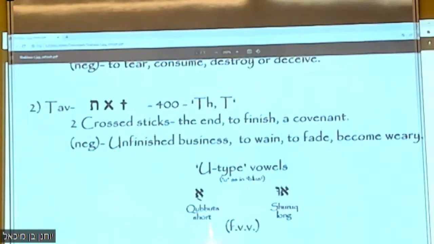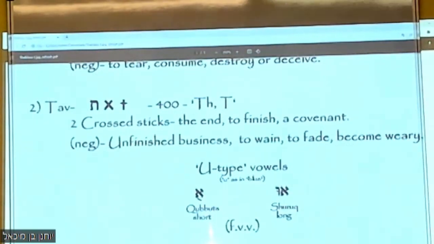It also symbolizes a covenant between two people. Now, you remember in the old Western TV shows back when you were a kid? You ever watch those things? They'd bring a guy a contract and say, here, sign this contract. Put your X on this contract. He didn't know how to read or write.